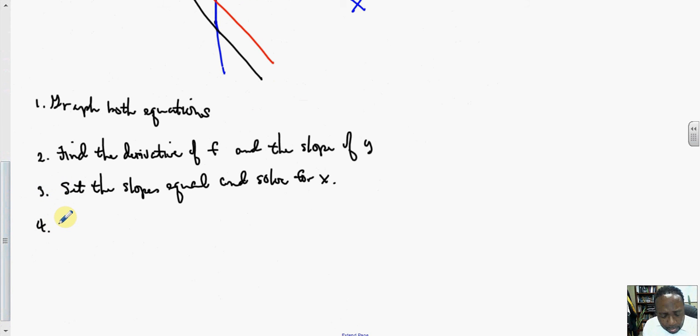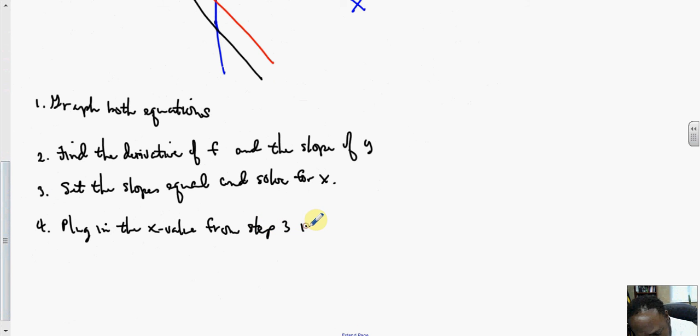Fourth, plug in that x value from step 3 into the function f of x, because you're looking for a point on the function.